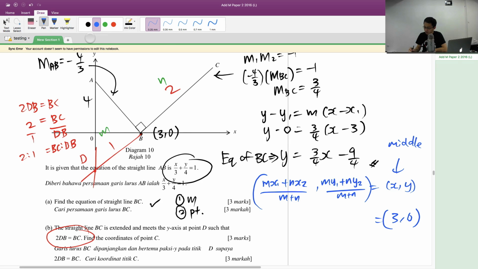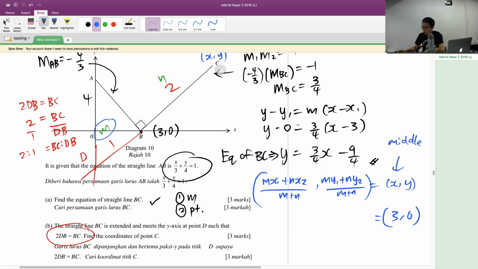For m we always multiply the further coordinate. So we need to find the coordinate, because the question actually asks you to find coordinate C. Coordinate C is unknown, it's x and y, but we can easily get coordinate D because it's the y-intercept.